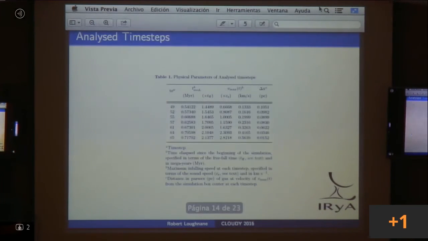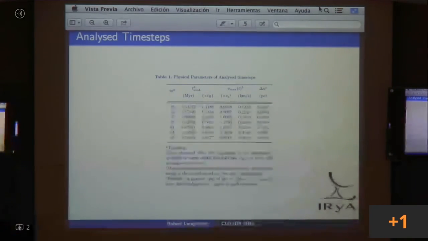These are the time steps which were considered in our analysis. These time steps are very close to the production of the singularity or the star. Time step 65 represents the formation of the star, and we considered these 7 time steps. This is the evolution in mega years, and the free fall time since the beginning of the evolution of the fluctuation.